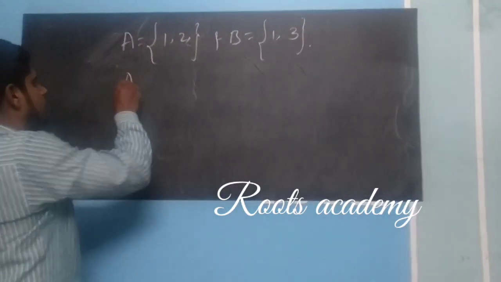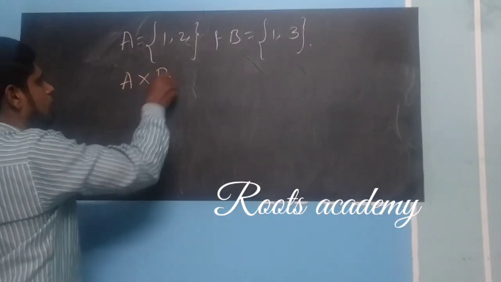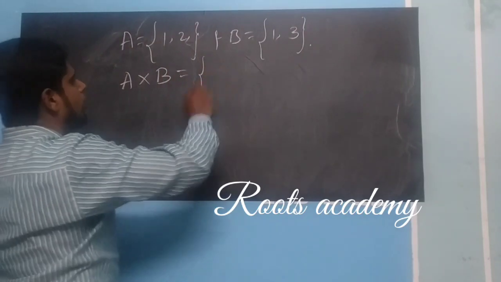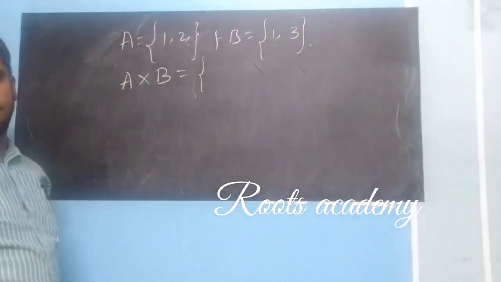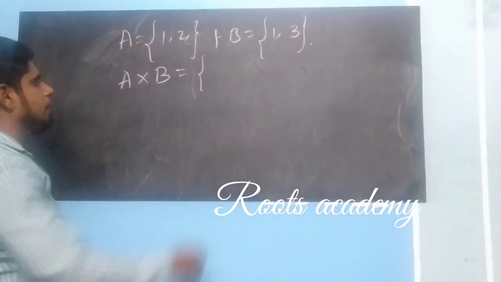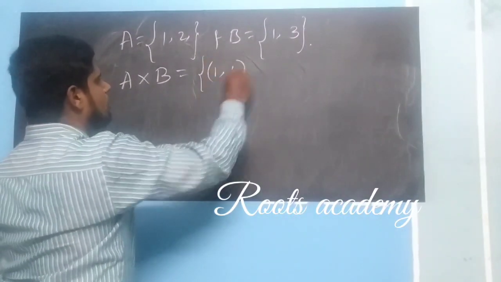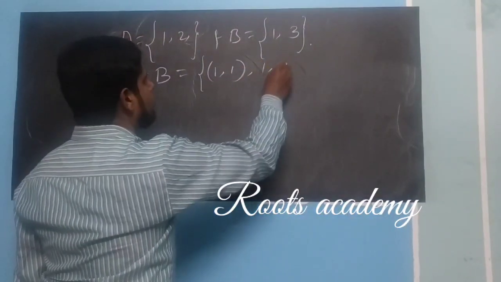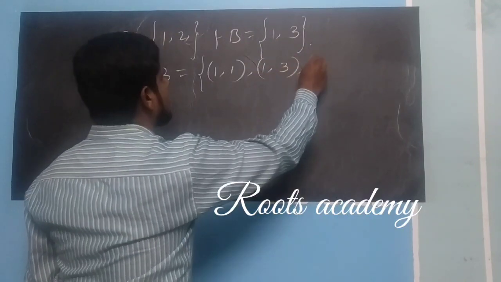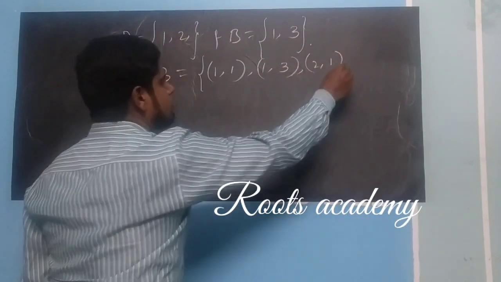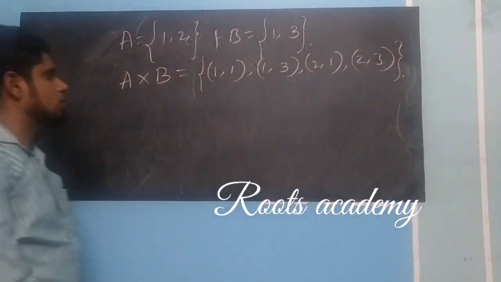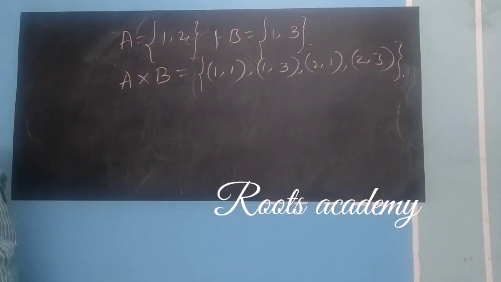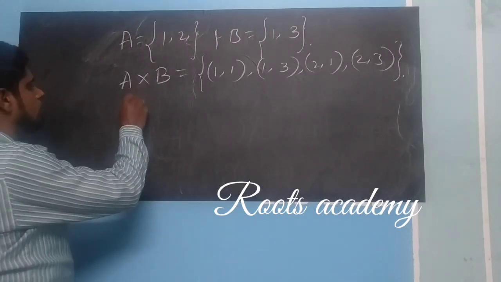First let me check how many elements will come in the Cartesian product. 2 elements here and 2 elements here, 2 into 2, so 4 ordered pairs should come here. That is (1,1), (1,3), the next (2,1) and (2,3). This is the Cartesian product of these two sets.